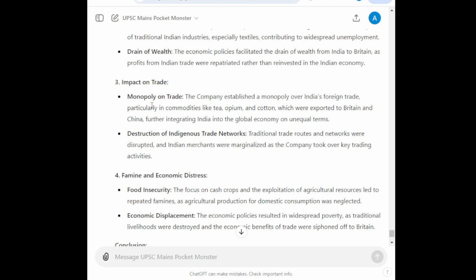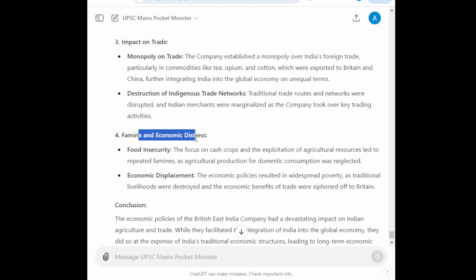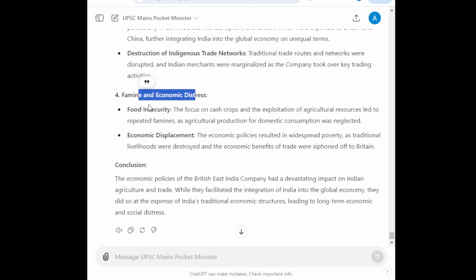in my head. So famine and economic distress, food insecurity: the focus on cash crops and the exploitation of agricultural resources led to repeated famines. As agricultural production for domestic consumption was neglected, that's clear. Famine, food insecurity, and the economic displacement.